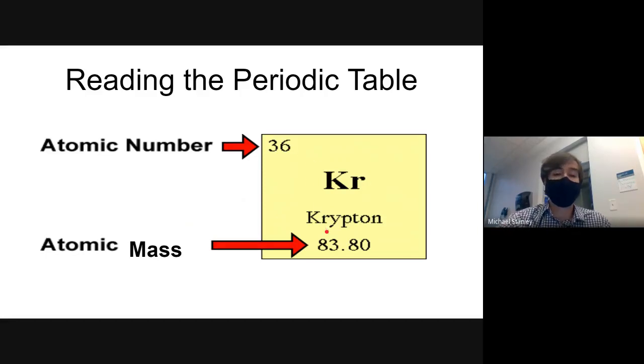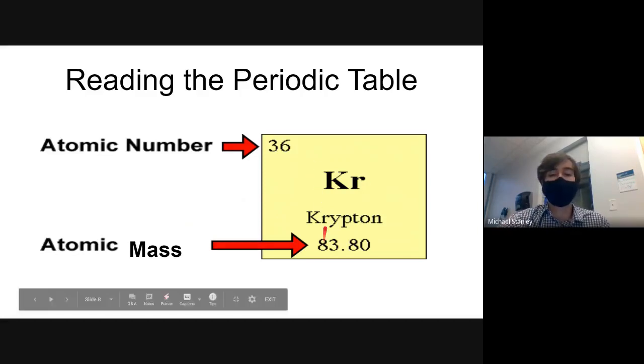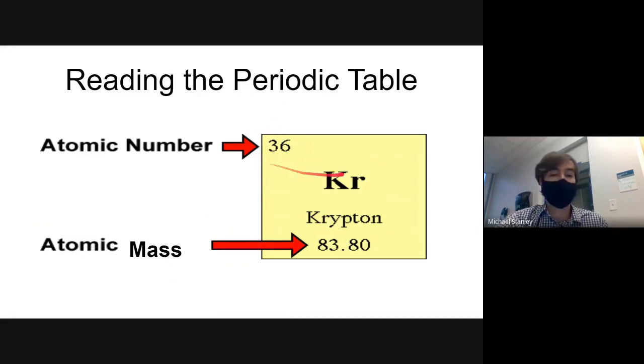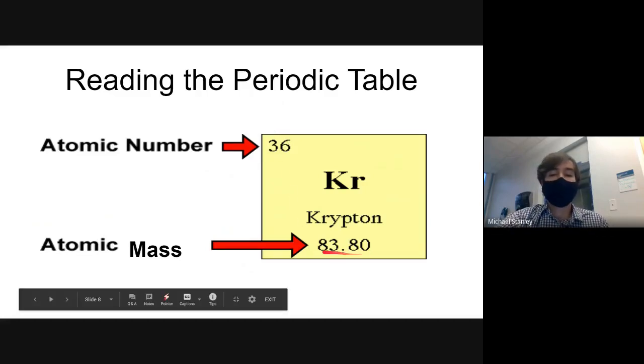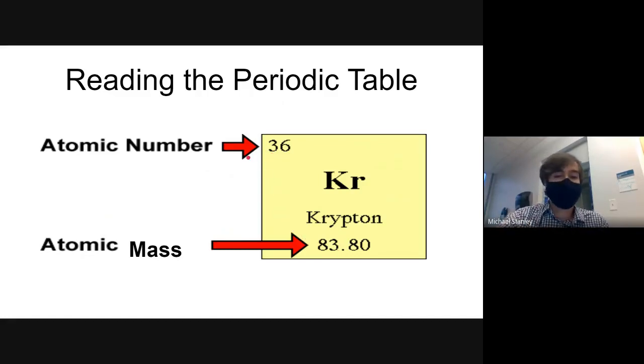The other 2 pieces of information are these numbers right here. We have this smaller number at the top of the box and this larger number at the bottom of the box. The smaller number is called the atomic number, and the larger number is called the atomic mass or the atomic weight, depending on how different people say it.